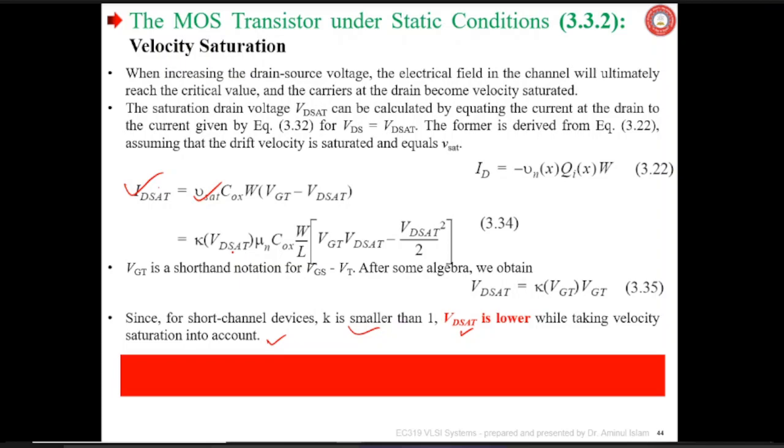Here we can see that the ID versus VDS plot is given for long channel MOSFET and short channel MOSFET. See, saturation occurs due to channel pinch off at VDS greater than or equal to VGS minus VT in this case.